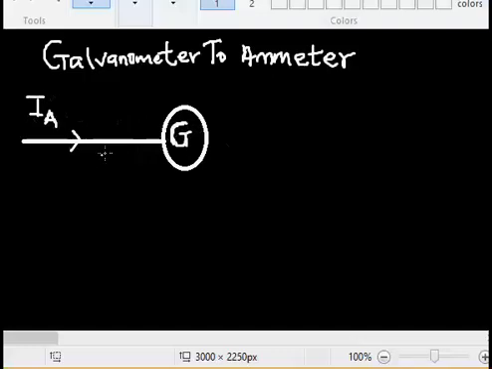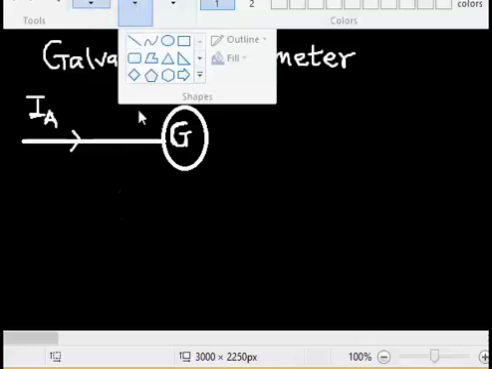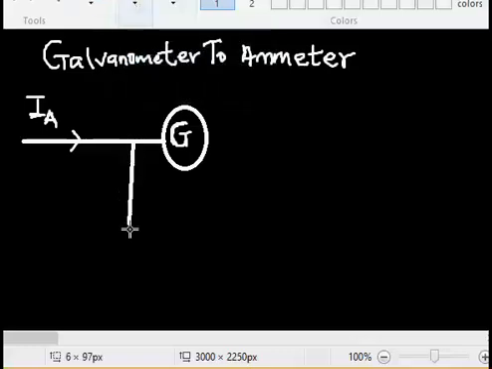It's only constructed to measure very small micro current. If I allow this entire current to pass through the galvanometer, it will burn the coil. So I have to divert some of this current. I have to create a diversion. So this is what we have.